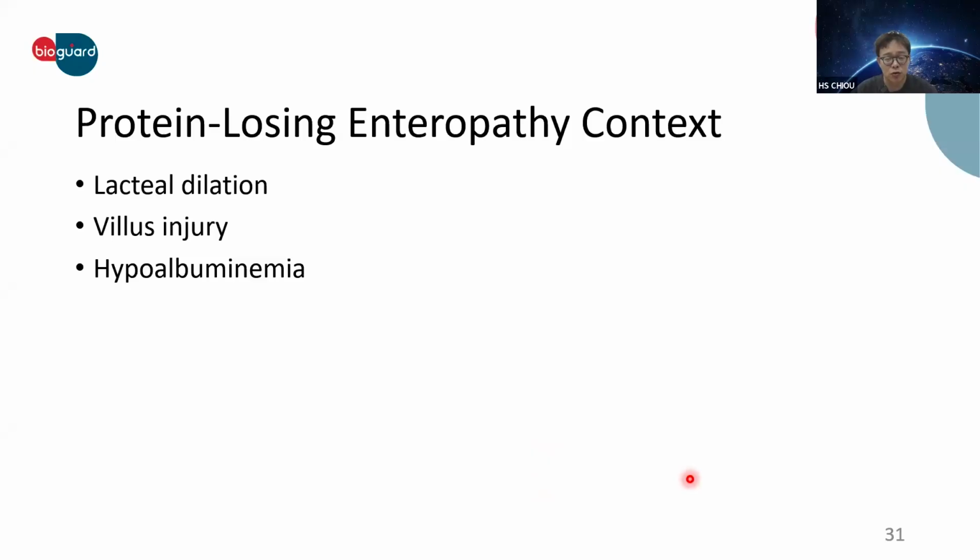But when we see structural abnormalities that disrupt mucosal integrity, that raises concern because those changes suggest impaired barrier function and lymphatic drainage, which can have prognostic implications. So again, structure matters, especially in protein-losing enteropathy cases where structural integrity directly affects protein balance.